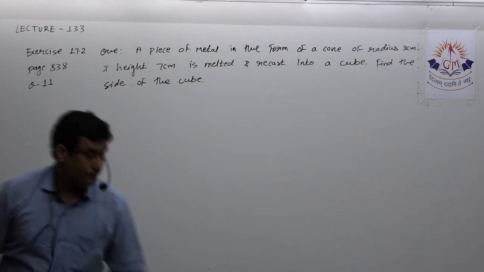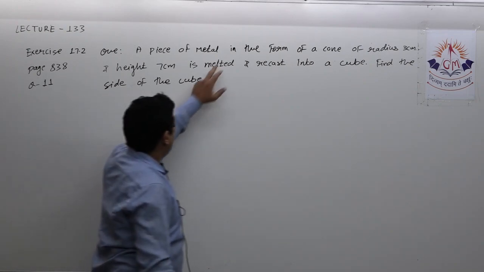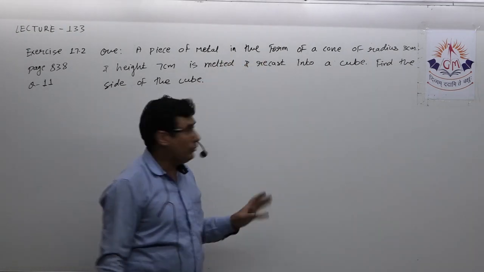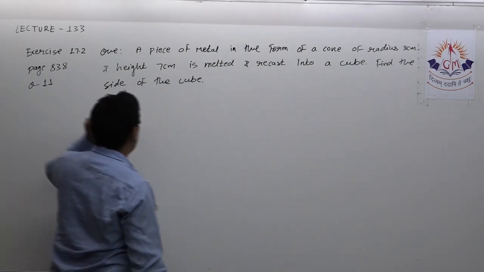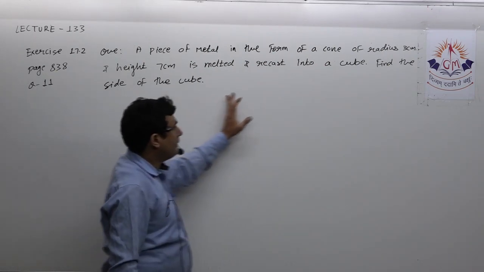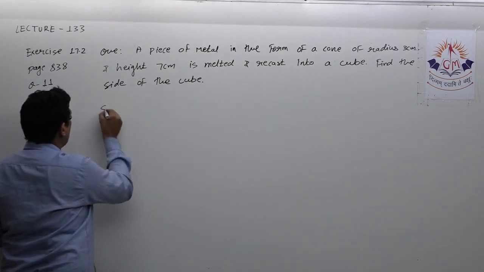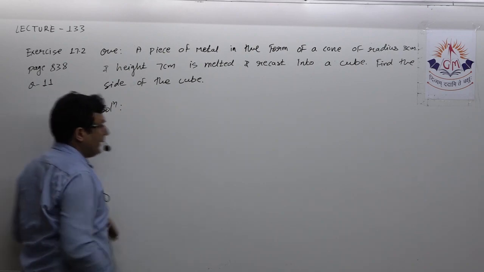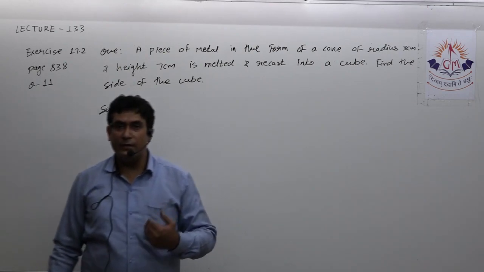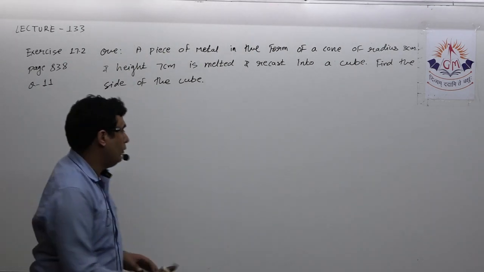Okay, so a piece of metal in the form of a cone of radius 3 and height 7. We melted this and a cube is formed. So when we melt one type of solid to form another type of solid, the thing which remains the same is their volume.